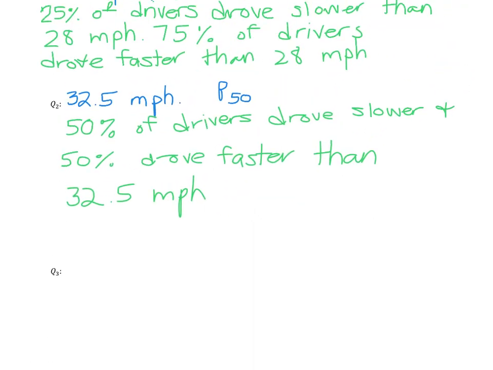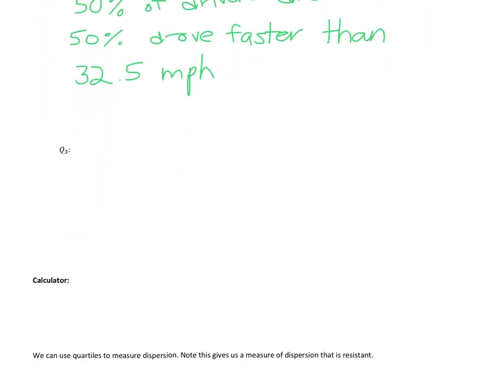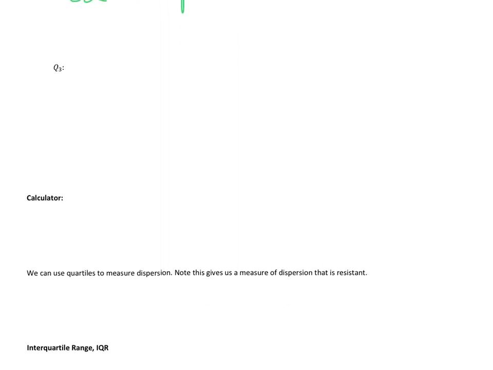And then finally, your last quartile was 38. So we would say the third quartile, Q3, was 38 miles per hour. Again, that's the same as the 75th percentile. So that's how we interpret it.